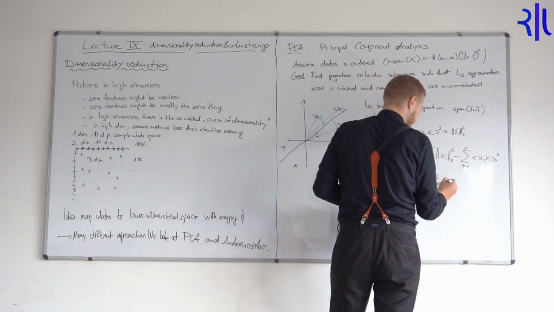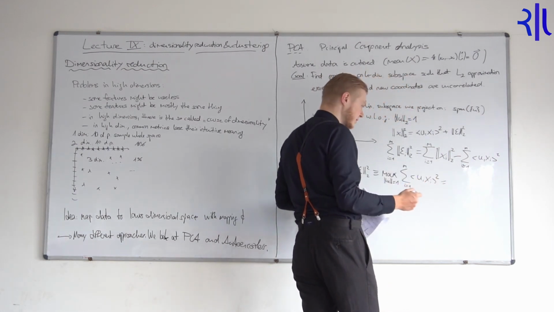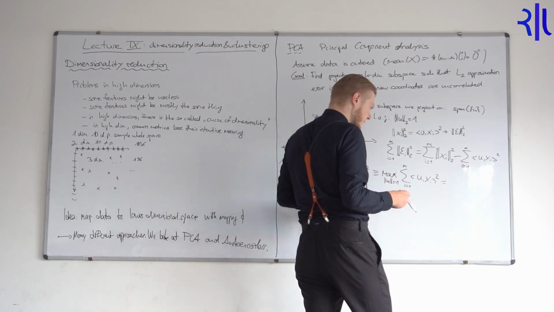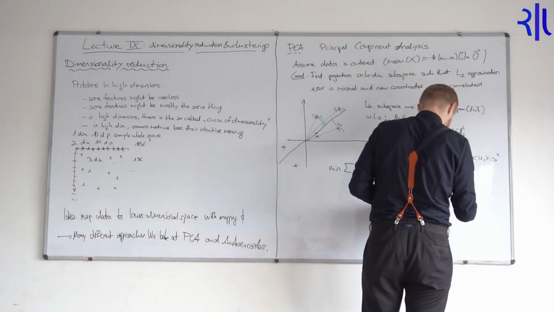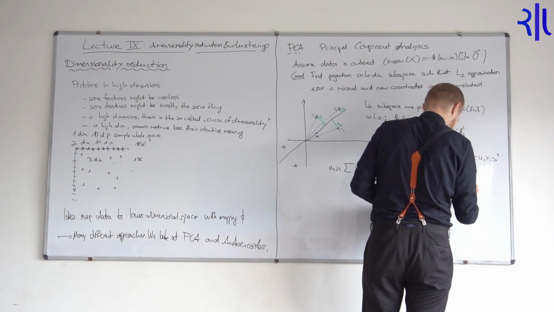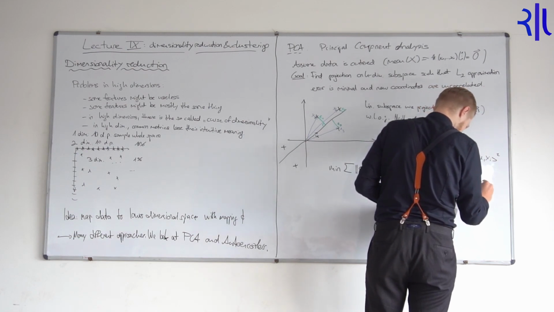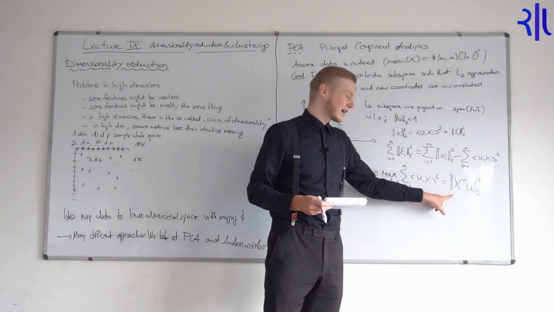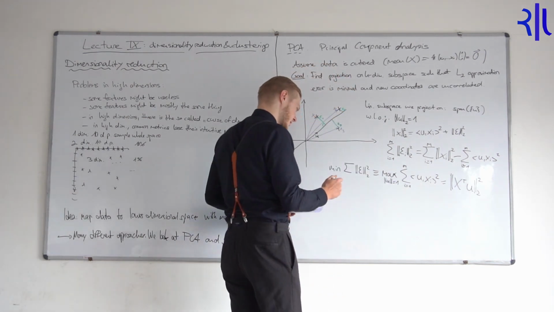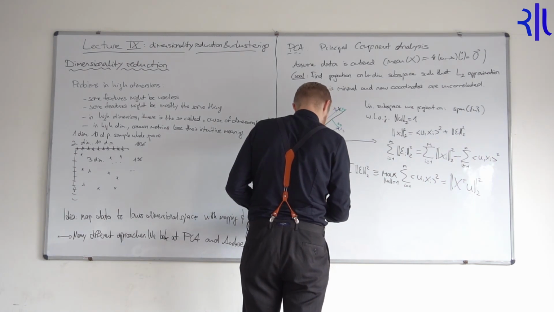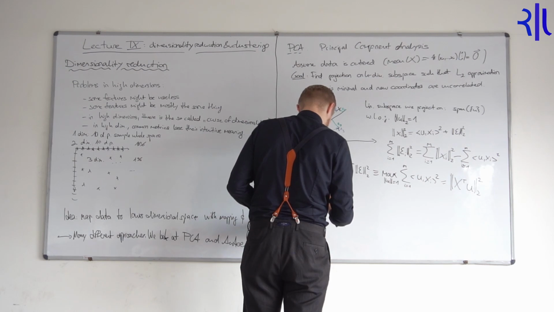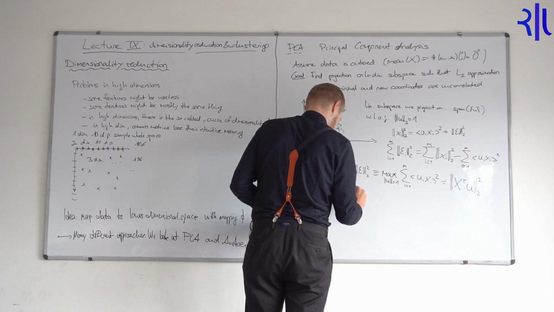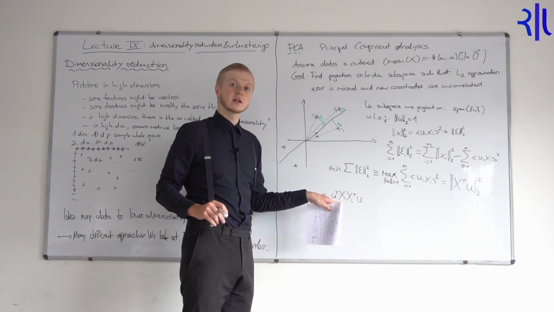And this, in turn, here, the sum can be written with a matrix vector product, like this. So how can we rewrite that? We can rewrite it like this.